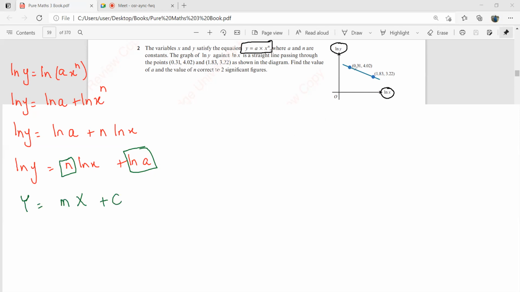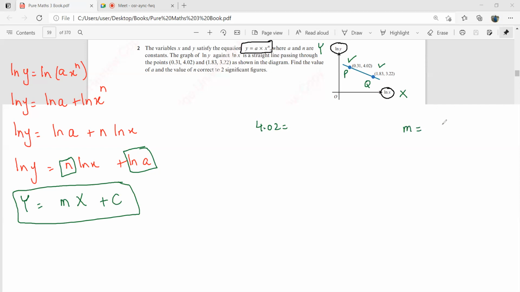Okay, so now the equation that satisfies these 2 points, this one, let me call this point P and this point Q. These 2 points are satisfied by this equation. This ln x is basically your capital X, and this ln y is your capital Y. Okay, so first of all, let's find the gradient.